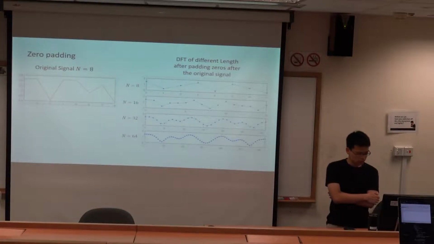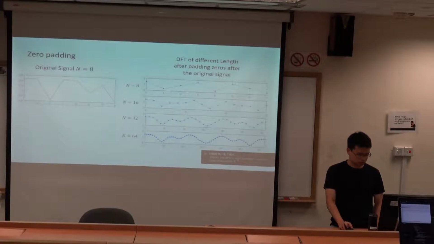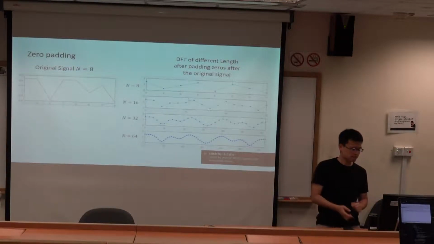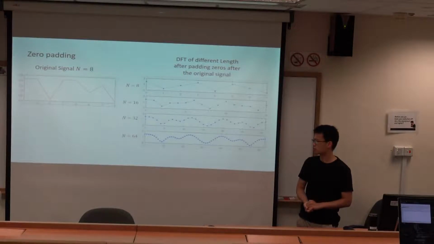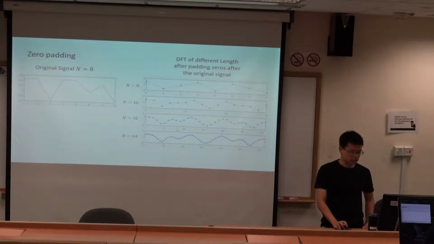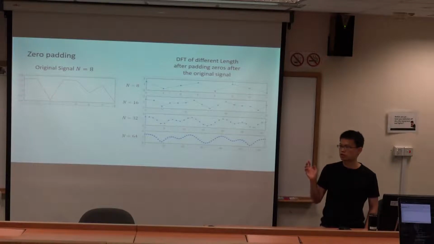But if we pad zeros after this original signal and produce a 16 length array, then we conduct a DFT with a length of 16 to produce this. Very clear about what I'm talking about?